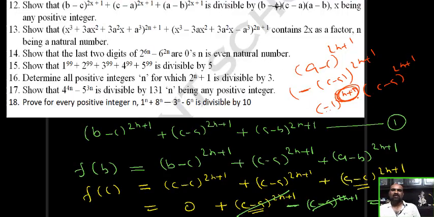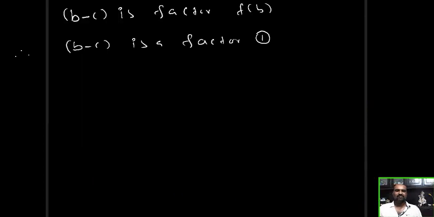Similar way means what? To prove c minus a, assume that this is a polynomial in c. Try to find f of a value. Obviously, you will get 0. After that, you can conclude that c minus a is one of the factors of f of c, or equation 1. Like that, we can complete. I will write directly.